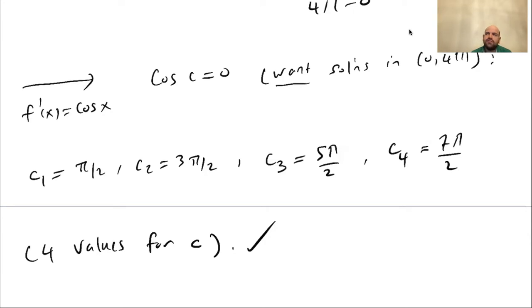It could be more. But if another theorem in another topic says there exists a unique value for c with such property, then that means exactly one value of c will exist. But here there's no mentioning of uniqueness, so we can have more than one value for c.